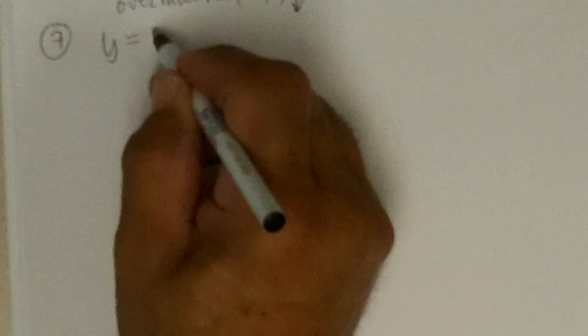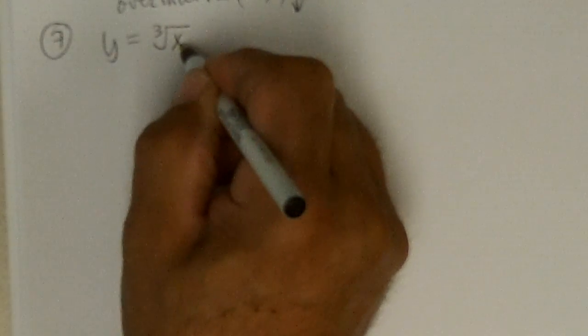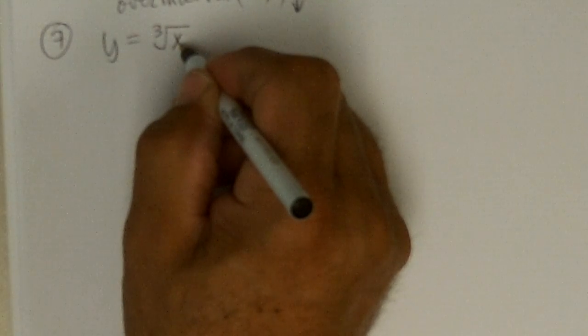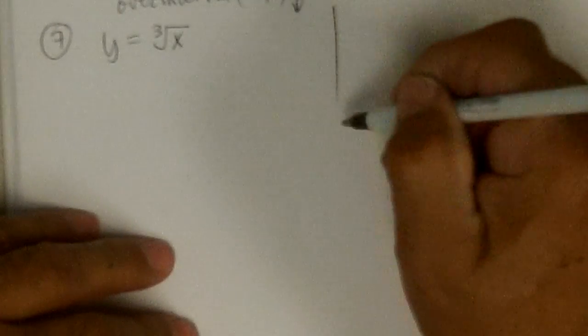7 says, true or false, the cube root function is odd and is decreasing on the interval from negative infinity to infinity.